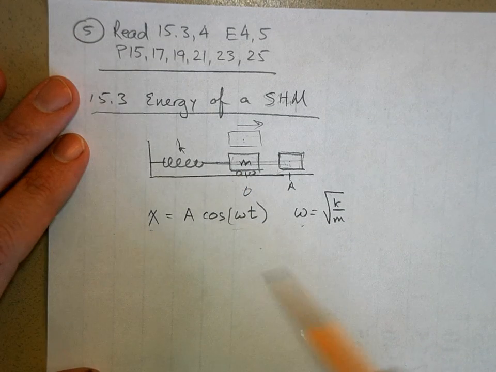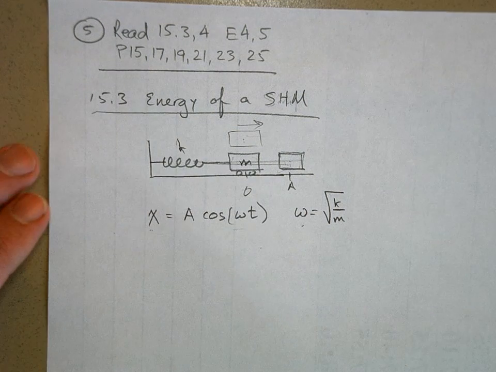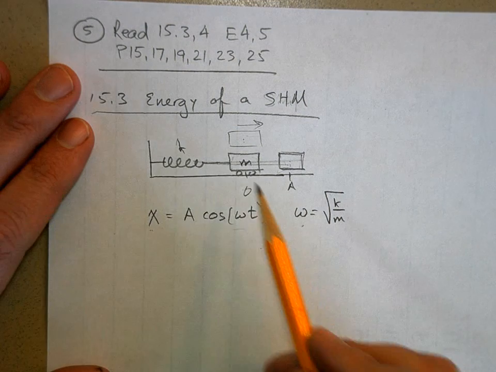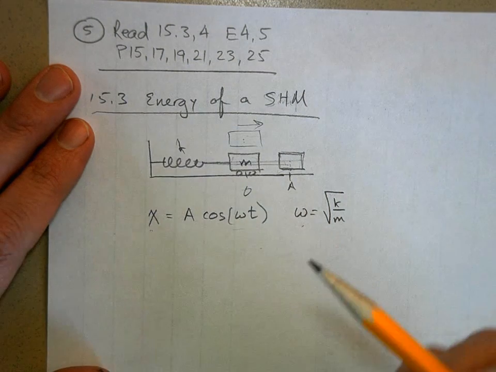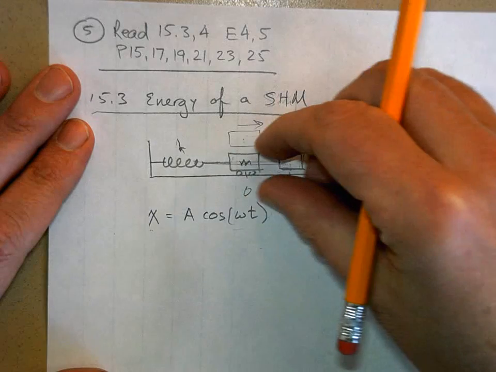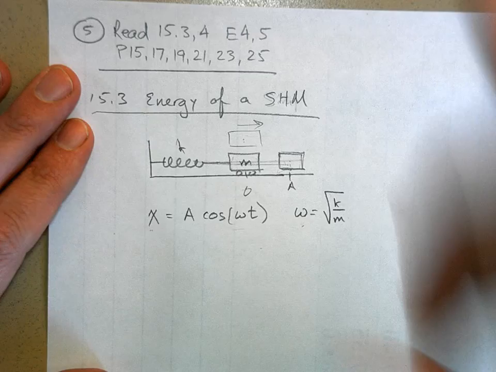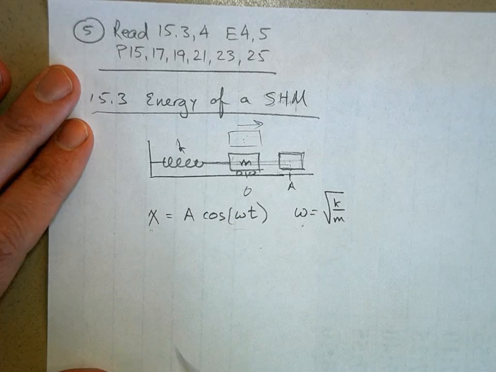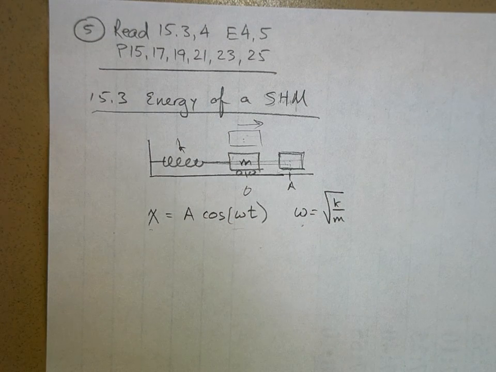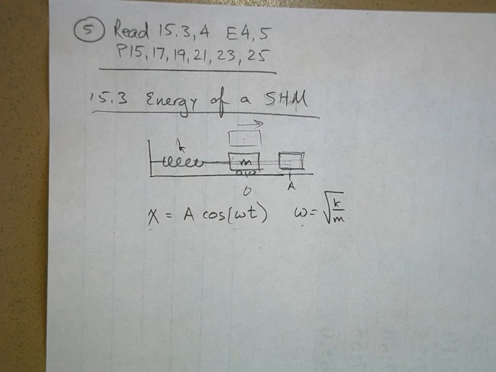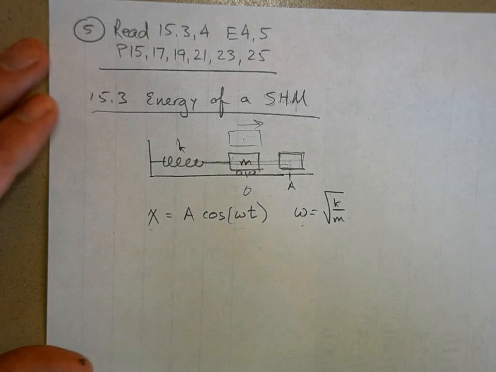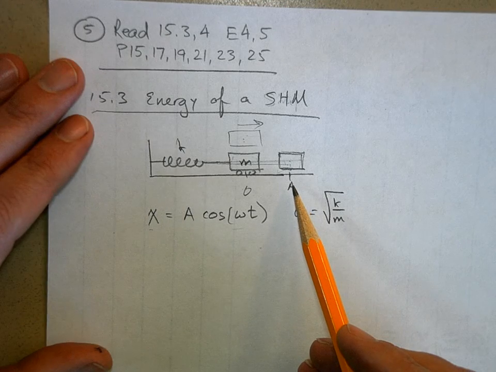All right, but look, if I pull this thing out here, I've done work on it, right? So I take this and I'm about to release it. I release it and then it goes back and forth. Well, where is the energy in here? How much mechanical energy is there in this system?